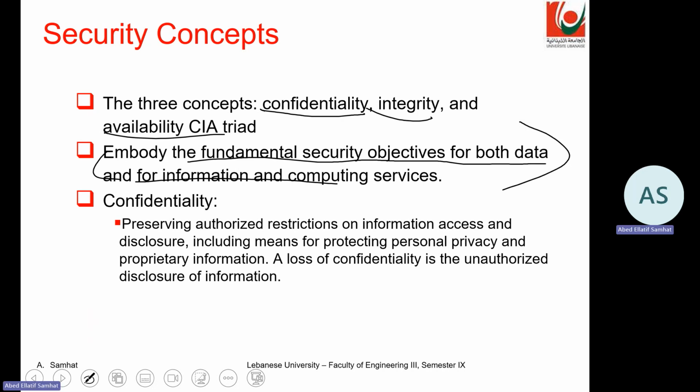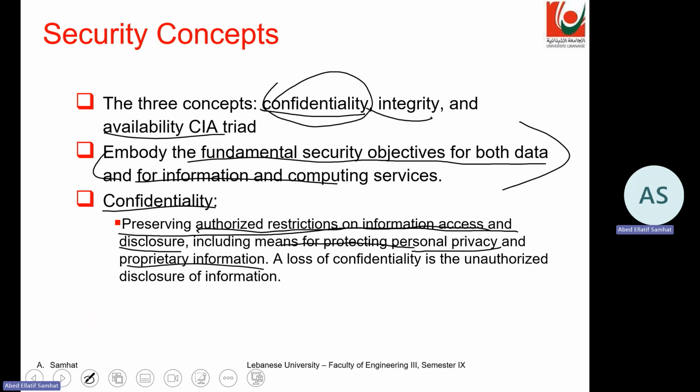So let's see together what's the confidentiality as a security concept. As a definition, the confidentiality is to preserve authorized restriction on information access and disclosure, including means for protecting personal privacy and property of information.